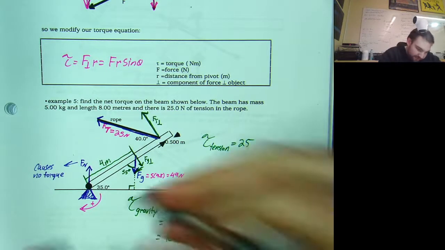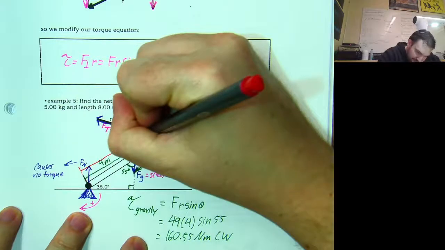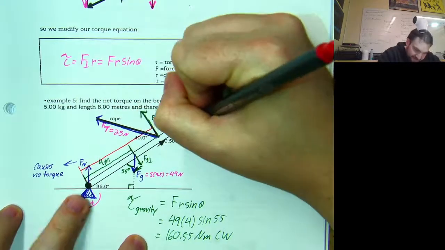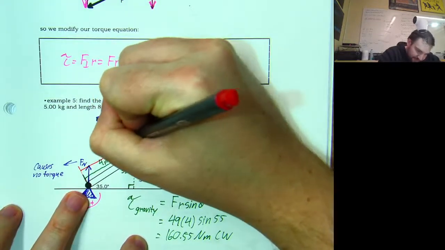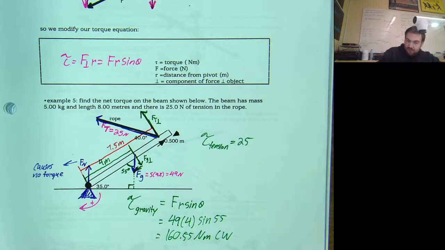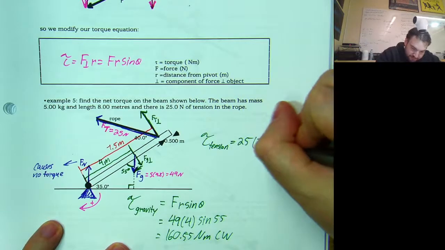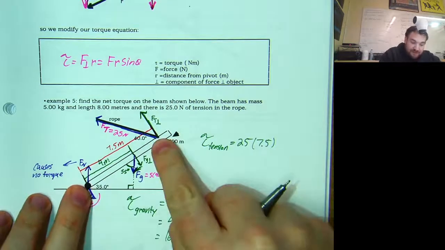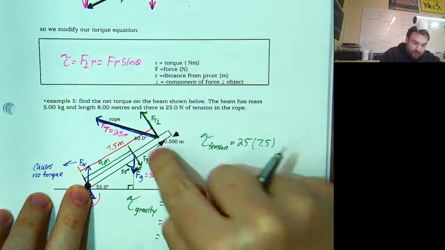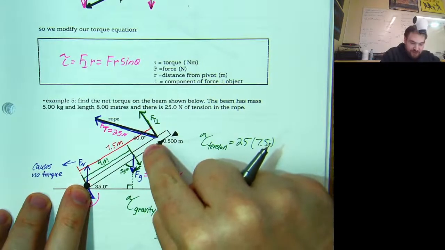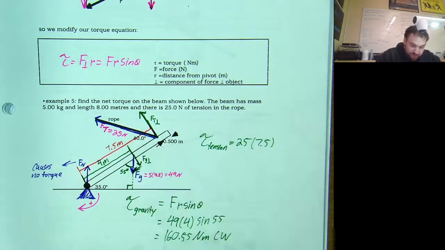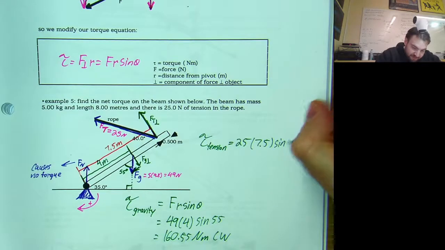I'll draw it in red here. This distance, if that's half a meter and this is an 8-meter beam, that's going to be 7.5 meters. So my tension is going to be 25, my force, times 7.5, the distance to the pivot, times the sine of the angle between my force and the object. And so in this case, that's this 40 degrees here. The sine of 40.